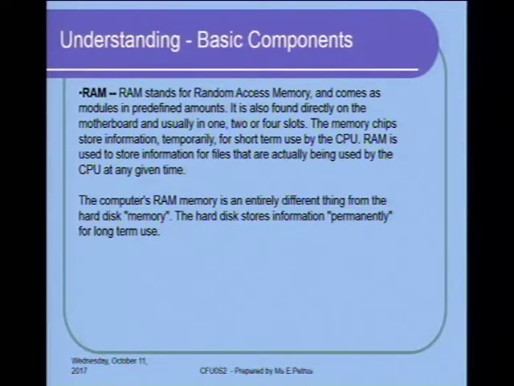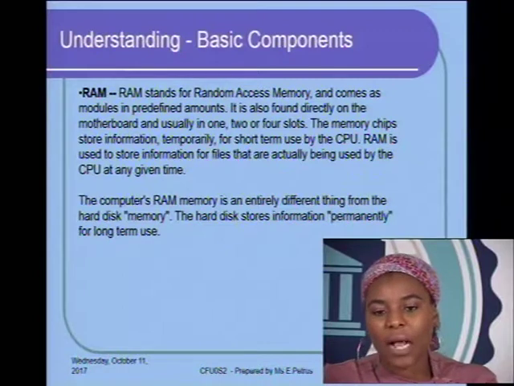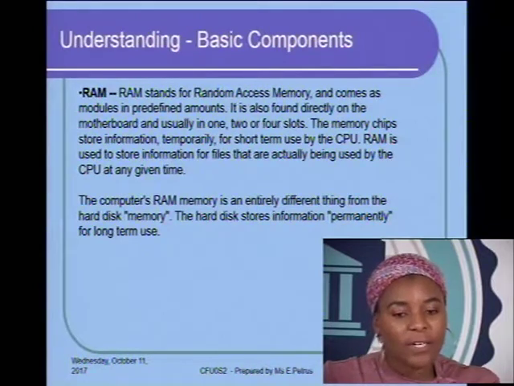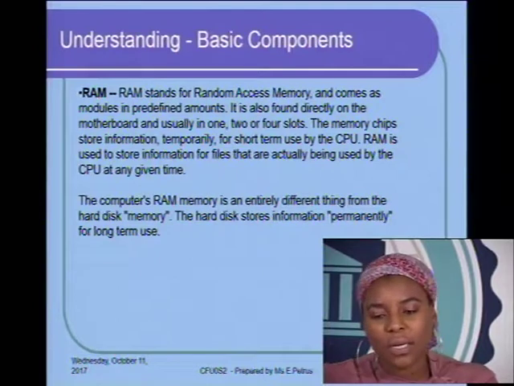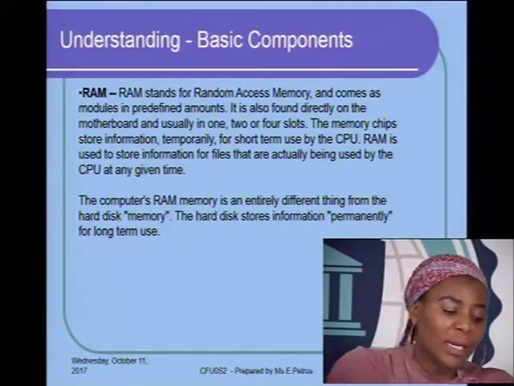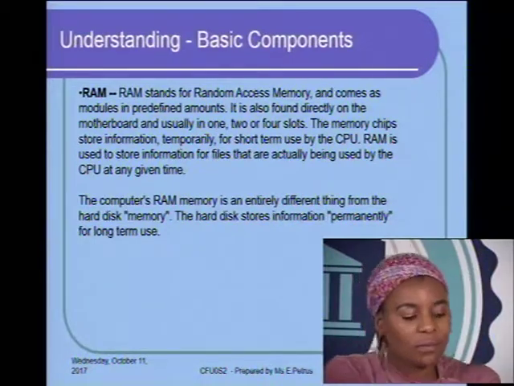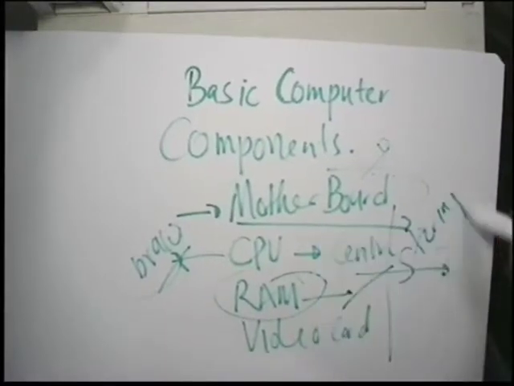Now let's move to RAM. RAM stands for random access memory and comes as modules in predefined amounts. It's also found directly on the motherboard, usually in 1, 2, or 4 slots. The memory chips store information. So basically RAM is used for storing information.